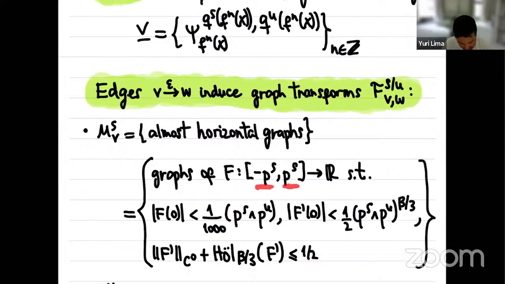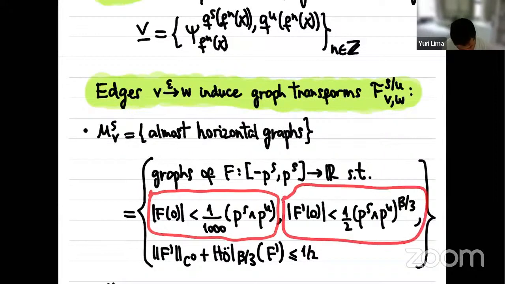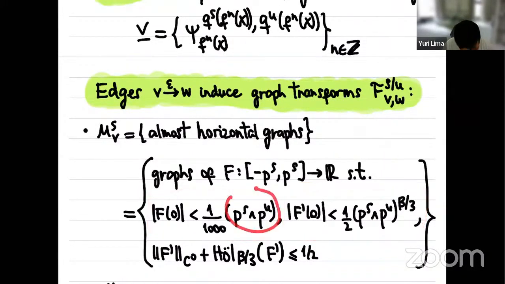And saying that they are almost horizontal, now we require strong assumptions on the zeroth position and zeroth derivative. And the assumption is related to the window parameters PS and PU. So the smaller the windows of the epsilon double chart, the closer f of 0 has to be to 0 for you to consider these almost horizontal graphs.